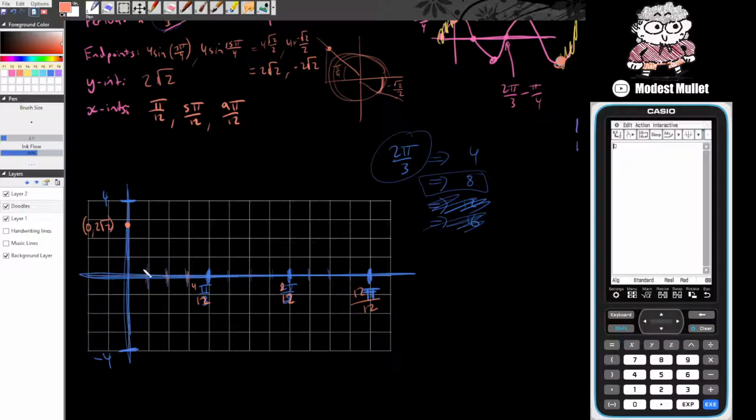So pi on 12, that means the first intercept technically is there. 5 pi on 12 is there. 9 pi on 12 is there. Our endpoint is supposed to be negative there, so that's pi comma negative 2 root 2.